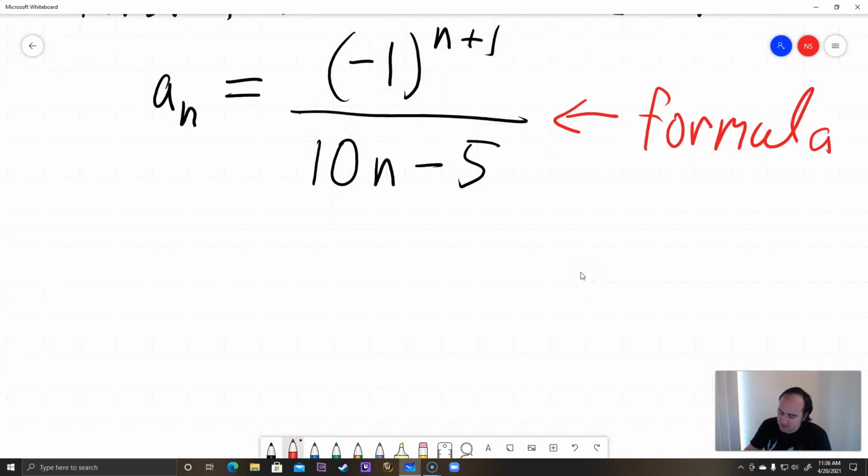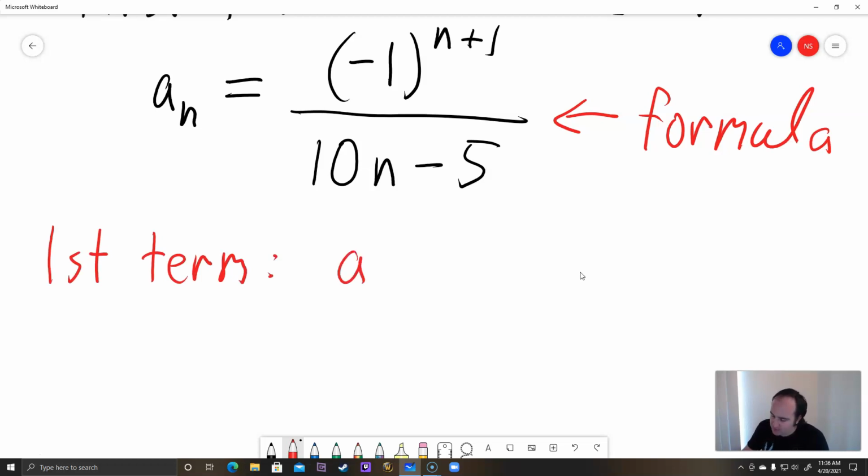Okay, so what's that going to look like? Well, our first term is going to be a sub 1. Okay, and basically all you do here is you need to recognize that a sub n equals (-1)^(n+1) over 10n minus 5.